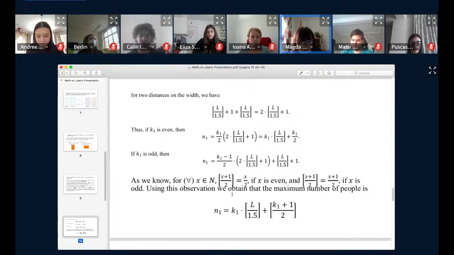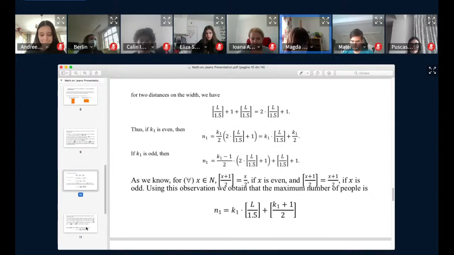But these two formulas can be rewritten in a single one. That is, N1 is K1 multiplied by the integral part of big L over 1.5 plus the integral part of (K1 plus 1) over 2. For the social distance d equal to 2 meters, we obtain the same formulas, where 1.5 is replaced by 2.